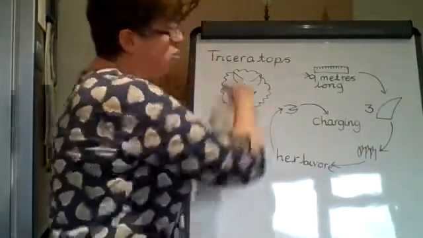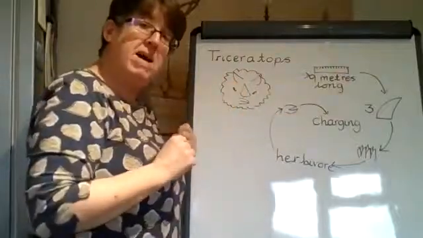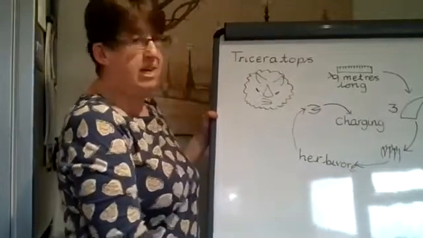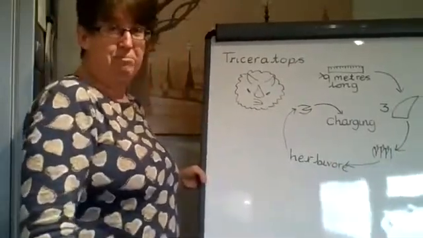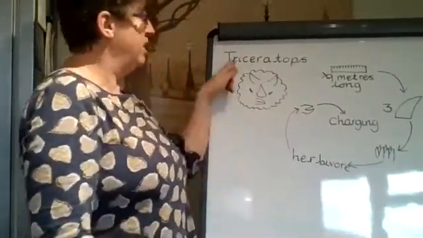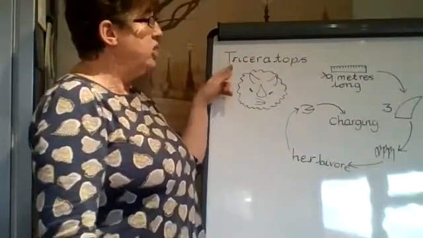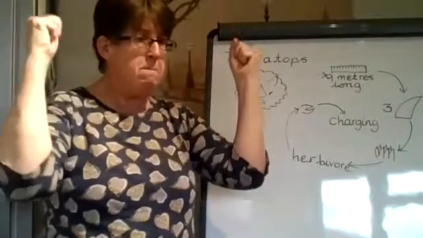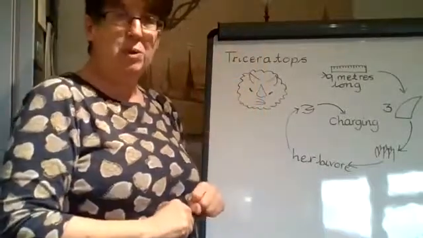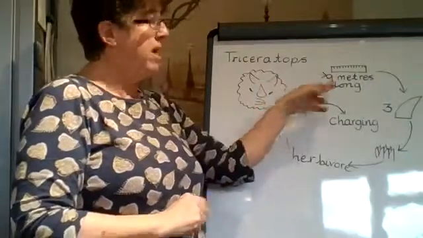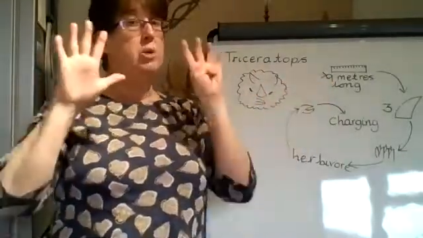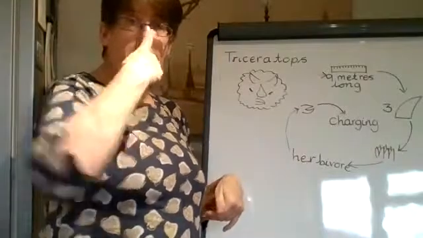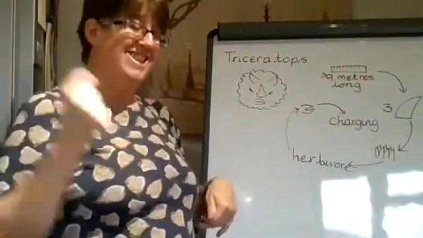Before you start to draw your information map about the Triceratops, let's go through it again with the actions. Okay. So starting here. The Triceratops was a bony and muscly dinosaur. It grew to about 9 meters long from nose to tail.